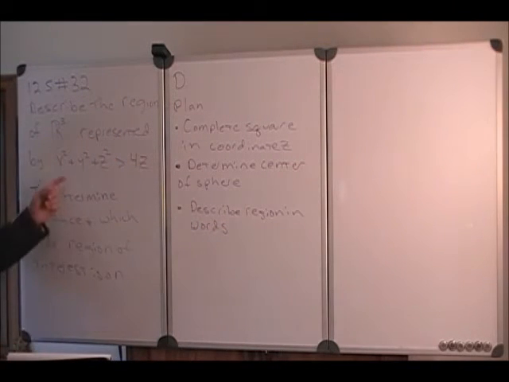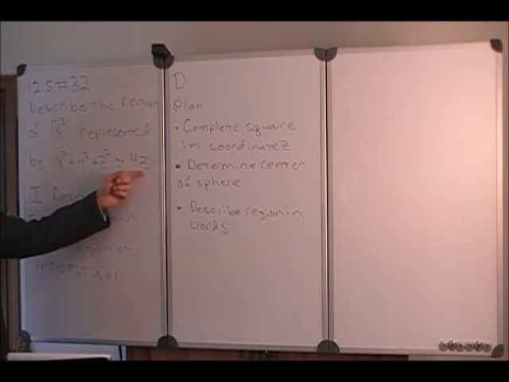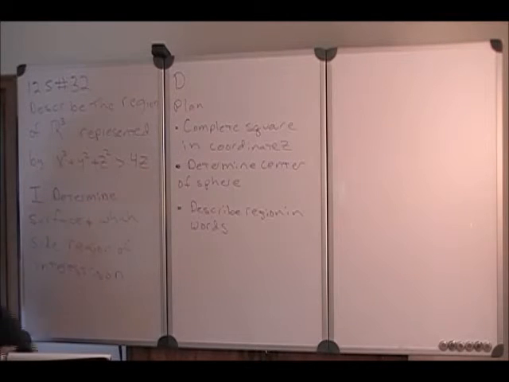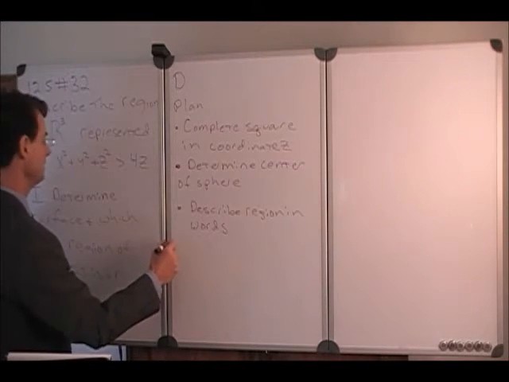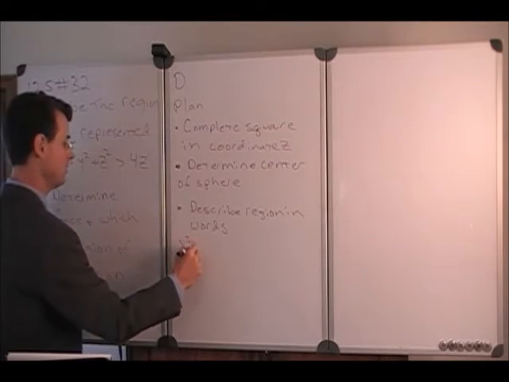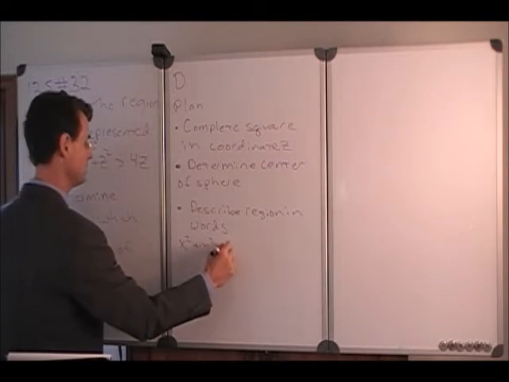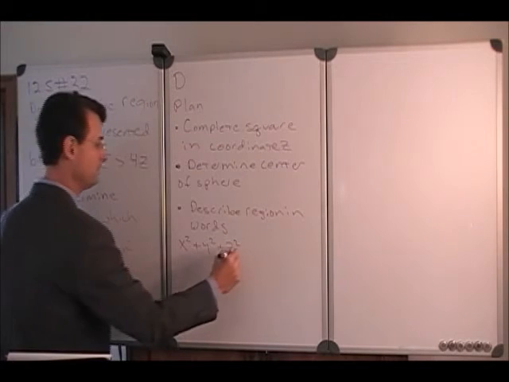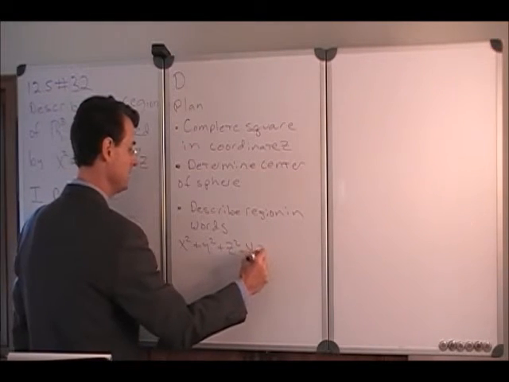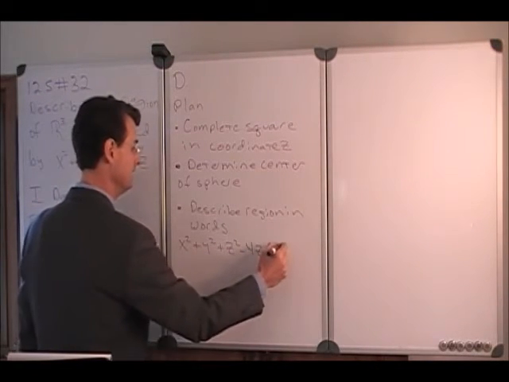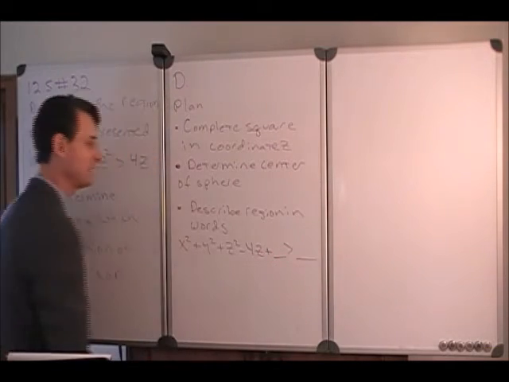All right, so what we do for the technique of completing the square is first, let's bring the 4z over to the left side, and let's write this as x squared plus y squared plus z squared minus 4z plus blank is greater than blank.